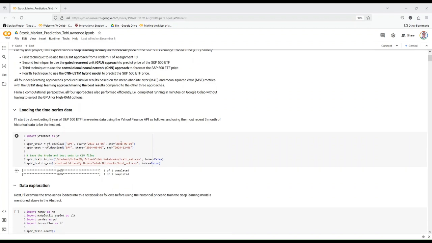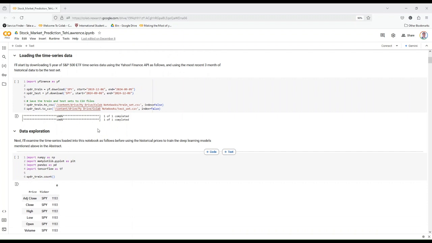So moving to the next section, loading the time series data, the approach I use is to go to Yahoo Finance, because Yahoo Finance, as we know, is pretty good for historical equity prices. The way I downloaded data was to use the Yahoo Finance API.